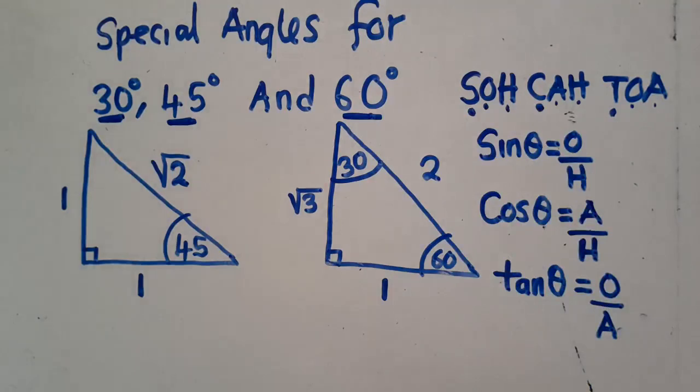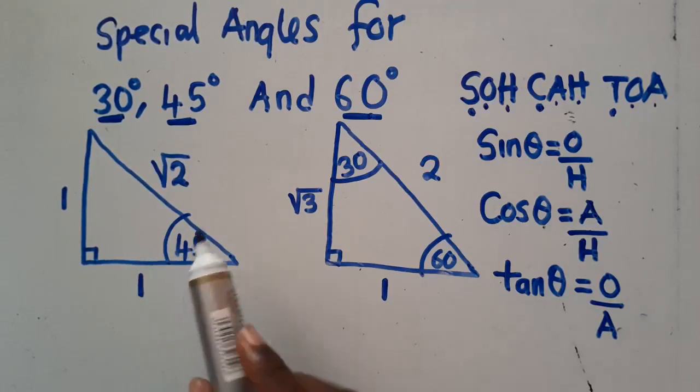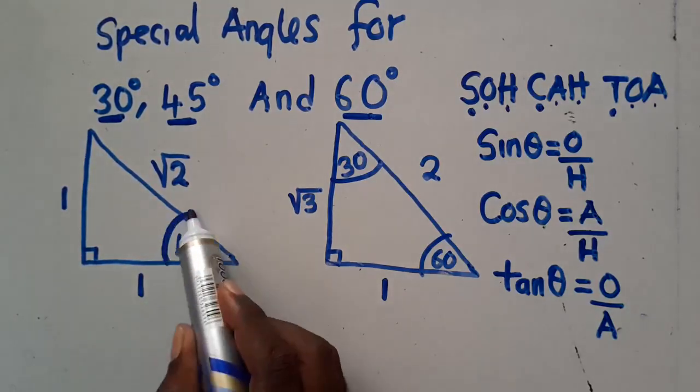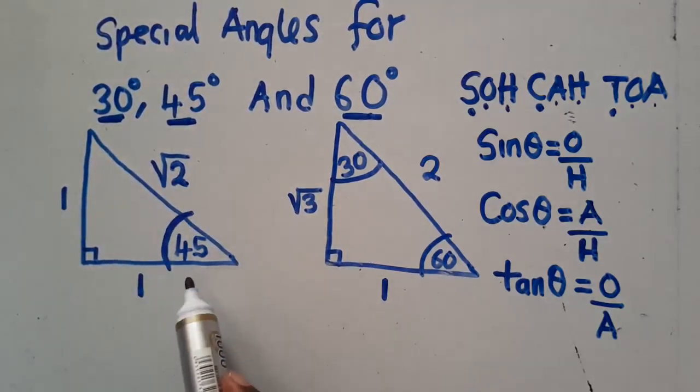So now, straight away, let us go to what we want to find. This is 45. You can find sine 45, cos 45, and tan 45 with this. Here we are given this triangle with an angle of 45 degrees.